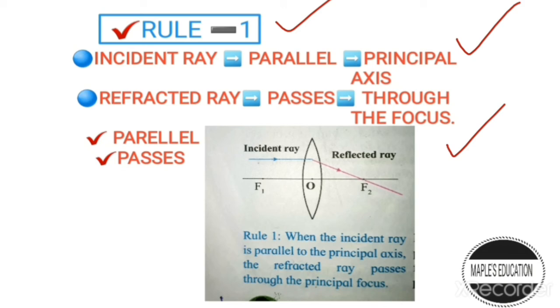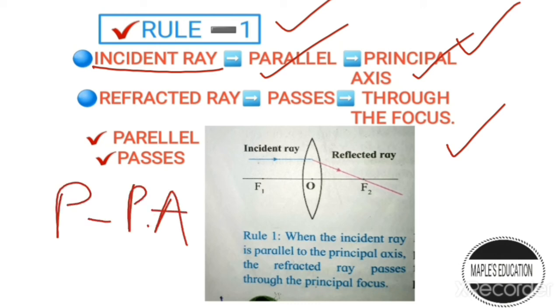So your rule 1 says that your incident ray is parallel to your principal axis. One more thing, students, remember that the term parallel always comes with the principal axis, and the word passes always comes with the term focus.